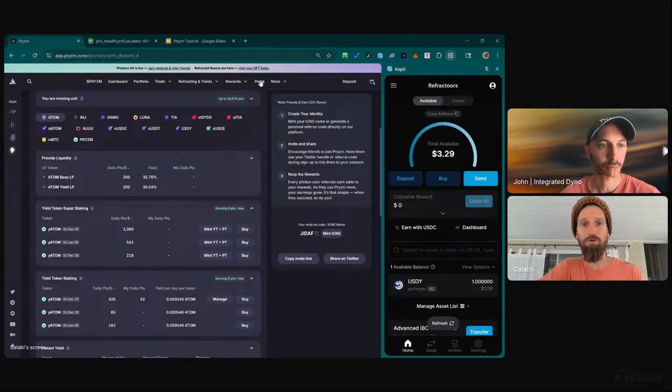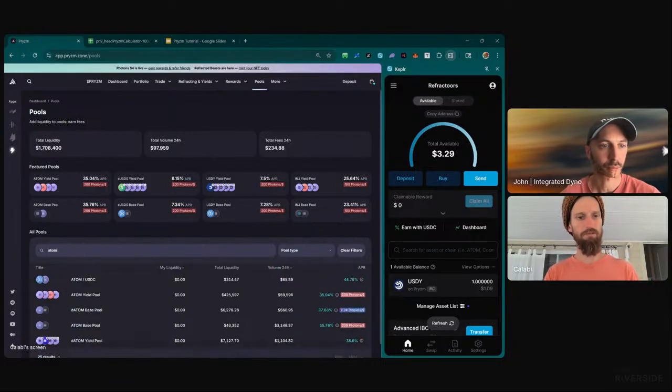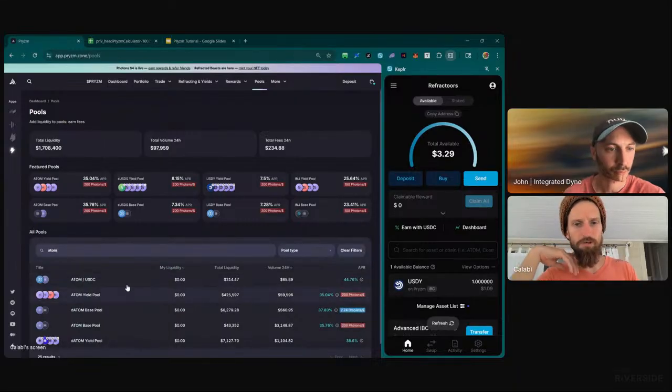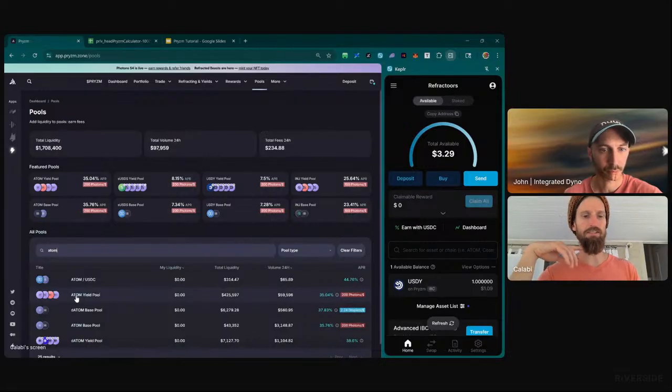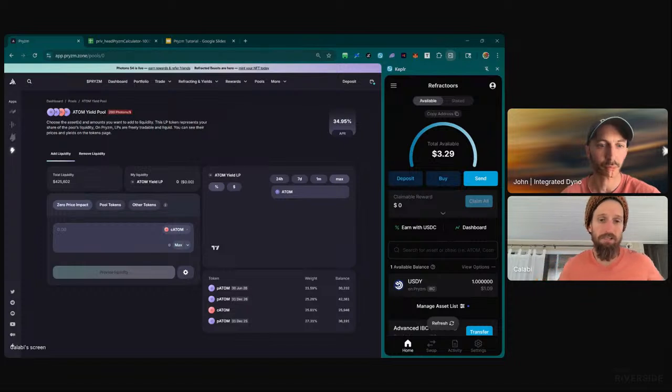And to do that, you would just go to pools. Usually it's here, but you can also type in atom. You can see all the pools here. There's a couple different ones. I prefer the yield pool. What that is, is basically all your P atoms for all available maturities and C atom. And you'd probably be asking, where's the Y atom?